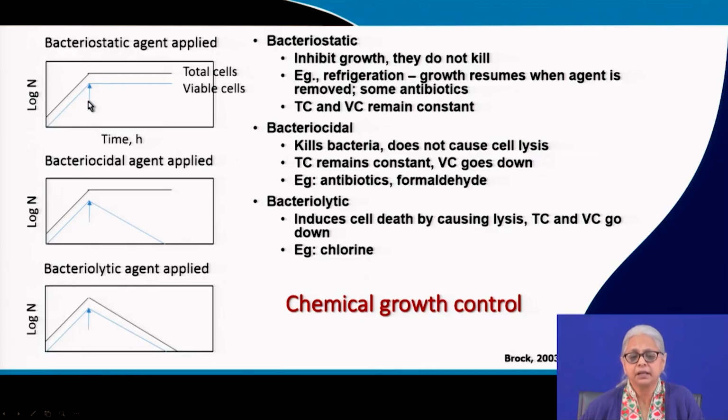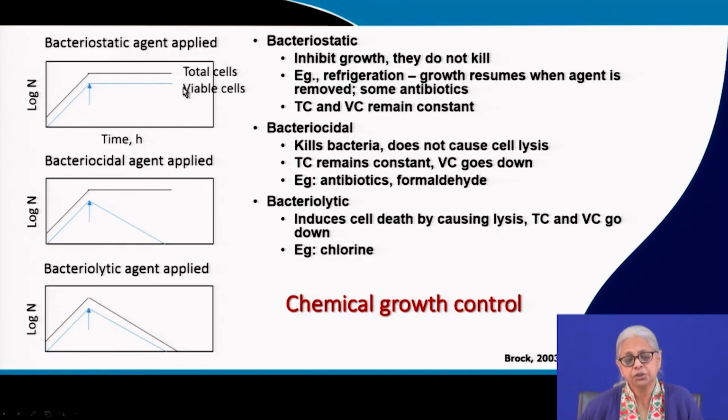Now if I apply a chemical at some point while the culture is growing, or in this case a physical agent like refrigeration, what will happen is that the total cells and the viable cells, both concentrations will level off, because under refrigeration conditions there will be no growth and no death of the cells either.